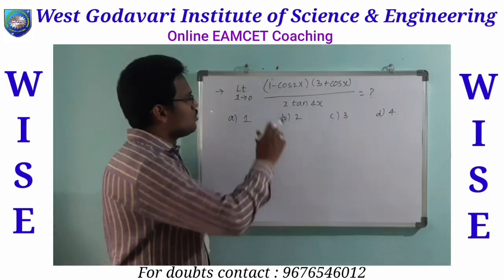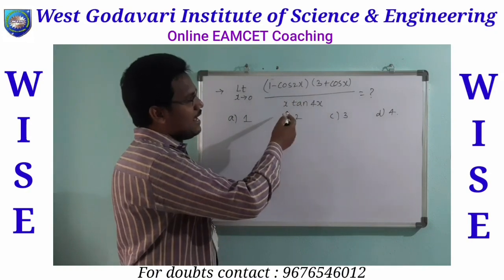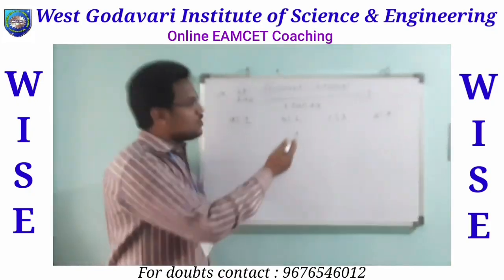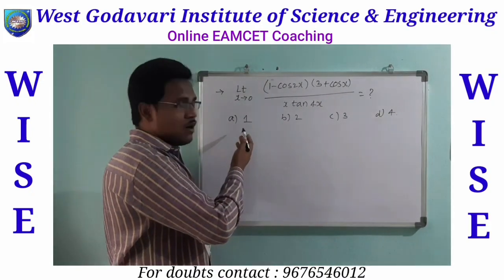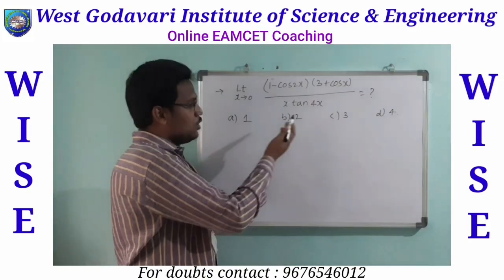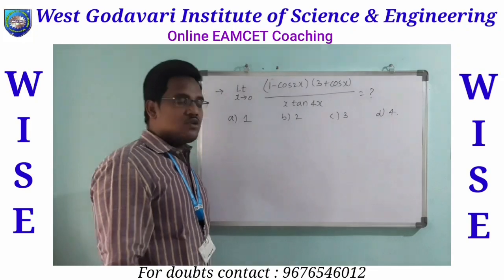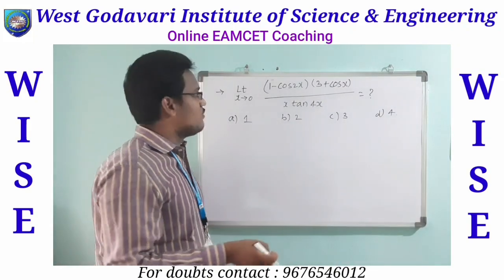Limit x tends to 0, 1 minus cos 2x of 3 plus cos x by x tan 4x, that is equal to, we have to find the answer for that question. Here are the options. Option A 1, 2, 3, 4. To solve this problem, first of all we have to know the properties of limits.